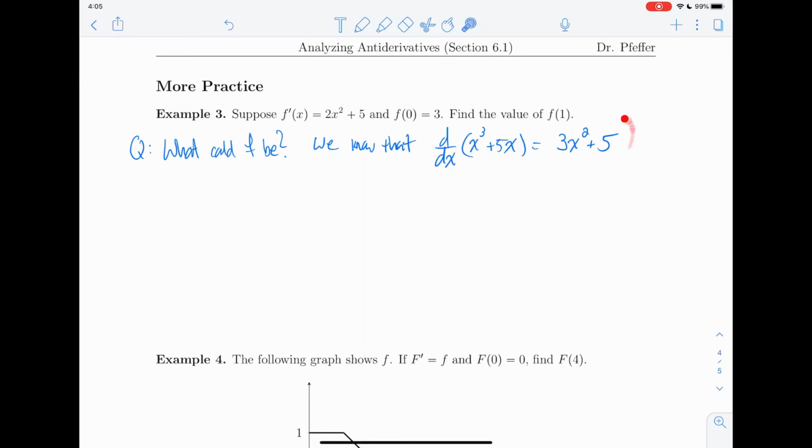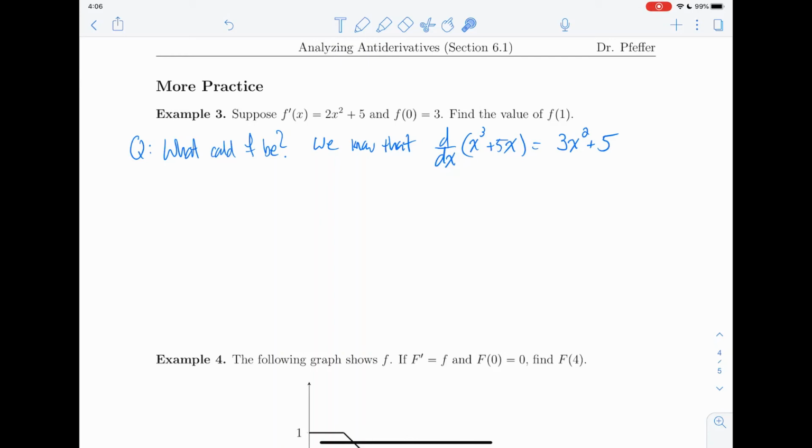So the plus 5 seems to be matching up with what I want. The x squared is good, but I have a 3 here instead of a 2. So the question is, could I have picked a slightly different function to start with here that would somehow cancel out the 3 that came in and allow ourselves to replace it with a 2? And the answer to that is yes.